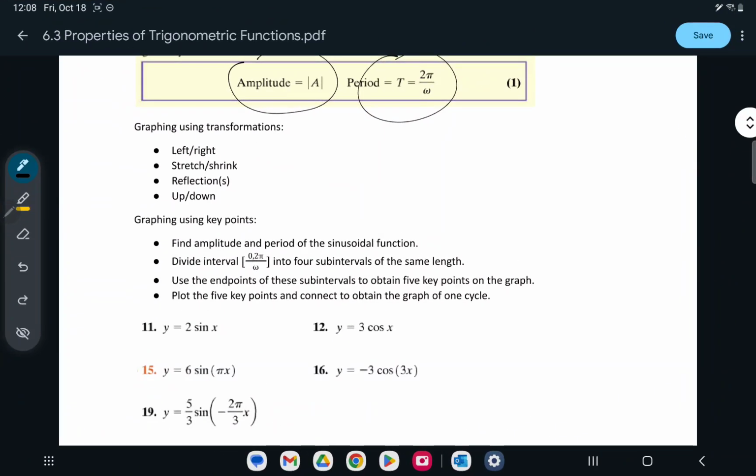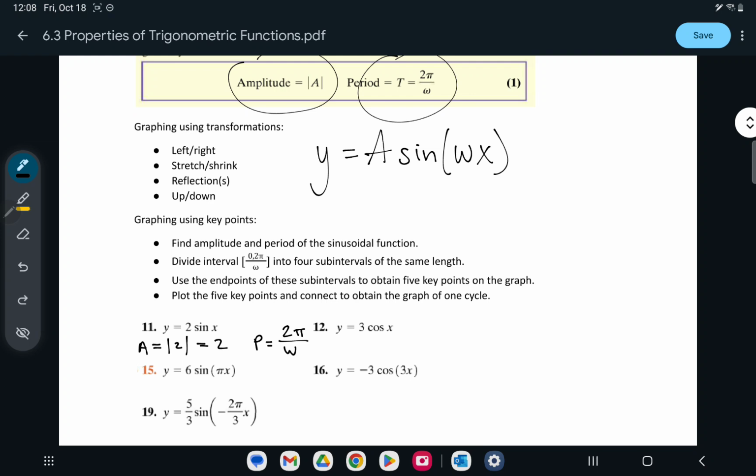Amplitude is just the absolute value of A. Depending on whether you have sine or cosine, it's the same thing. So this first one, the amplitude is the absolute value of 2, which is just 2. The period is 2 pi over W.